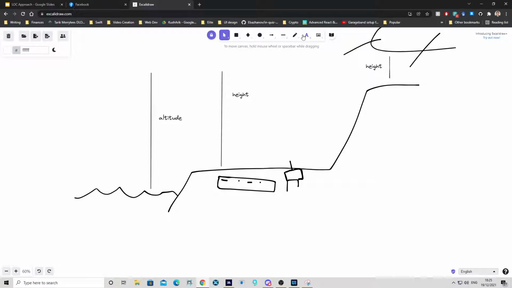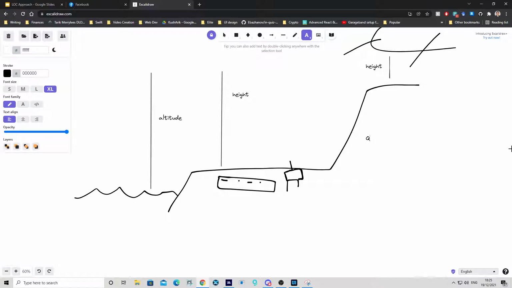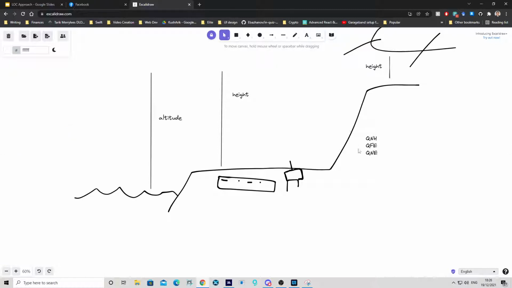Is anybody in the US right now? No. Okay, so I'm going to talk ICAO then. In ICAO, we've got multiple different pressures. These are the main ones we care about.